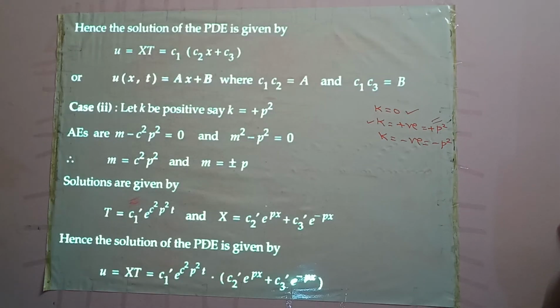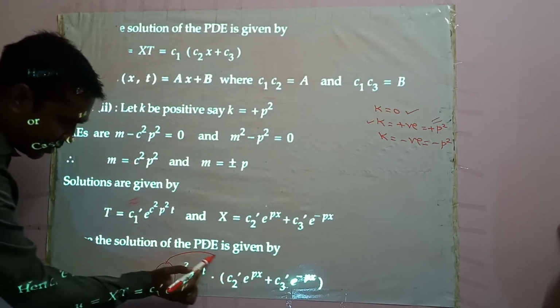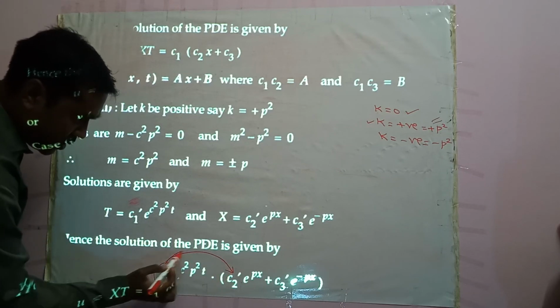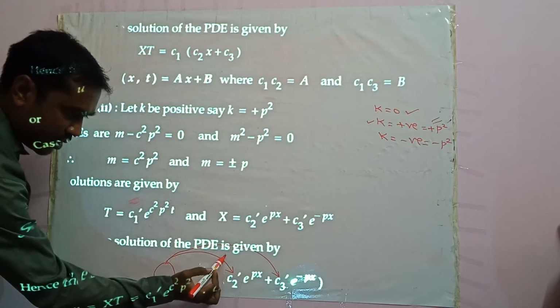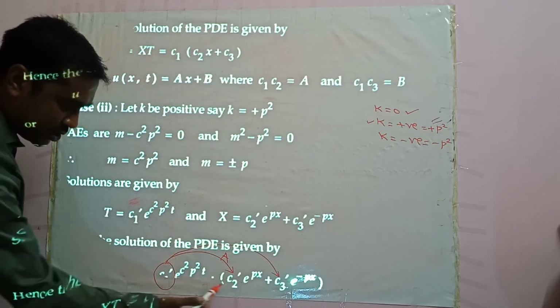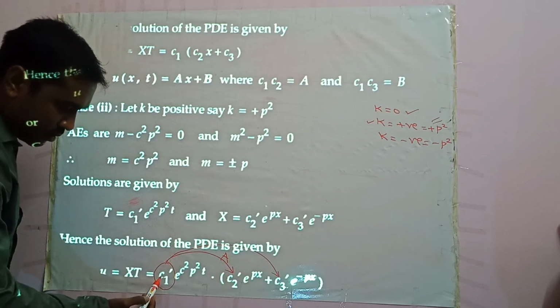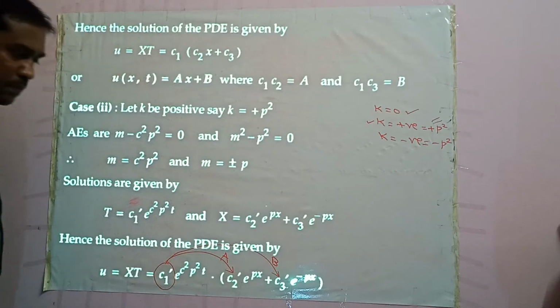Before that, we have combined this constant with this and with this, and we have called that final constant as a here, after multiplying c1 dash into c2 dash as a, c1 dash into c3 dash we call it as b.